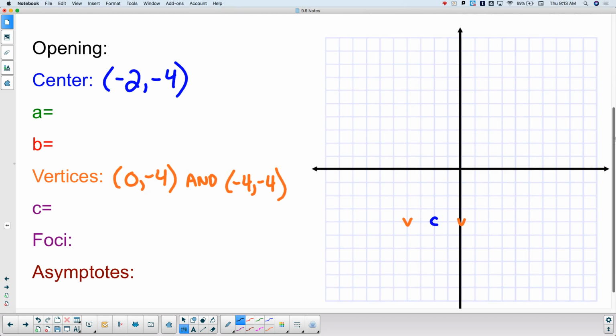Okay? So we know that it opens left and right. We know that A is 2. Love it.